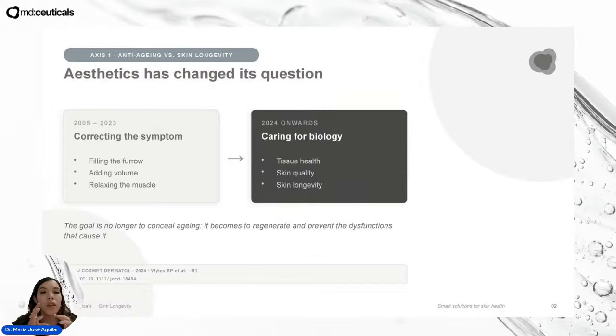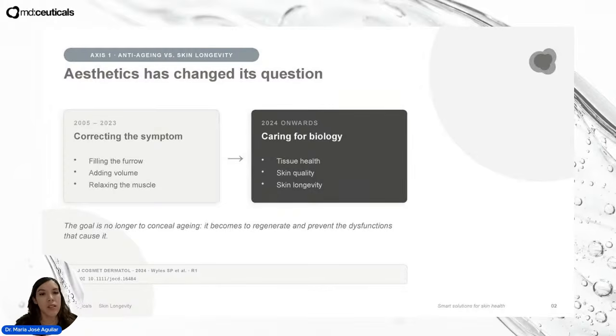Now, if we talk about correcting a symptom of the skin, like adding volume, like filling a furrow, like relaxing a muscle, it's the anti-aging effect. So botulinum toxin, fillers, all the treatments where we improve one of these 3 points, are considered anti-aging.